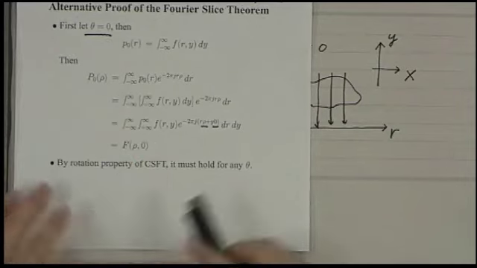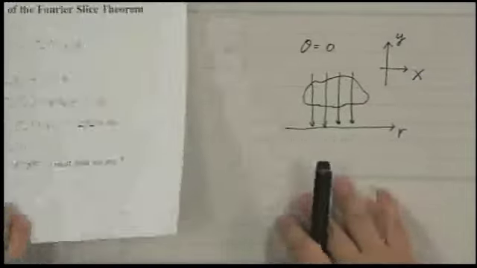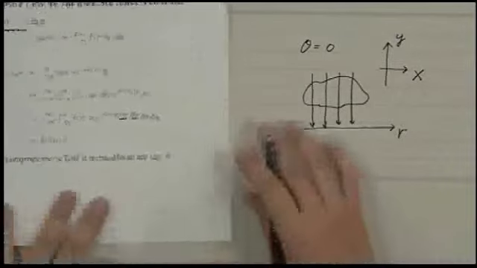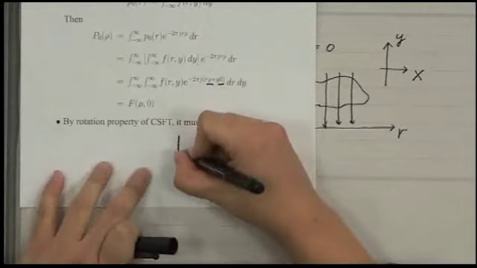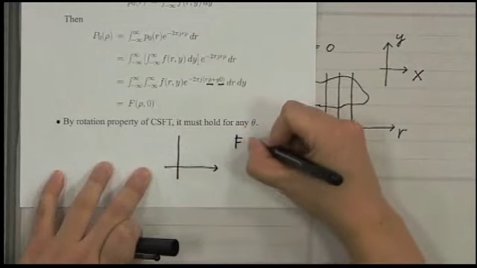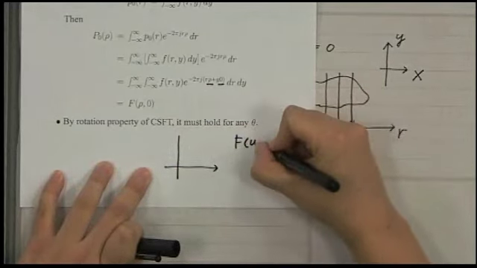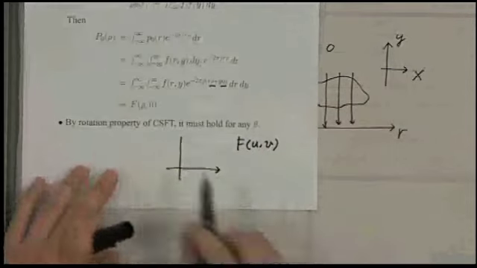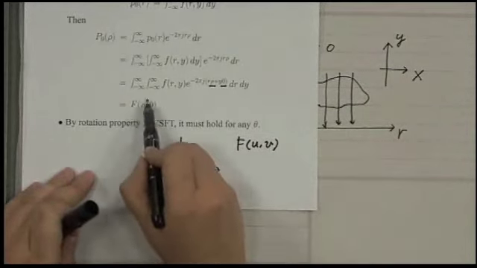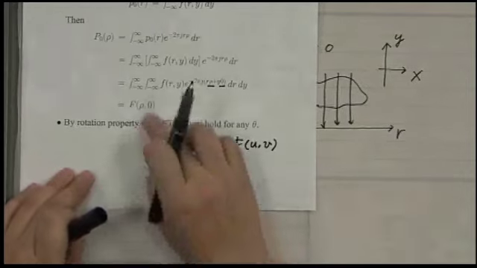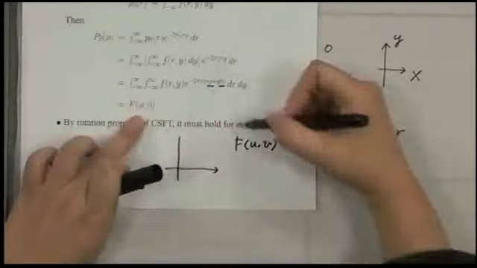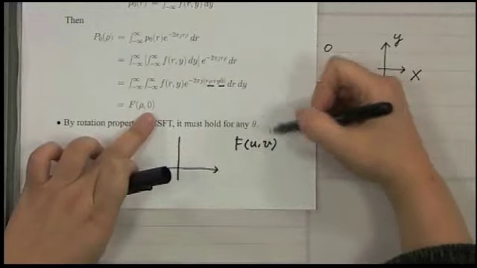What does this mean graphically? Let's say we have F(u,v). What does this mean? This means that v always equals 0.